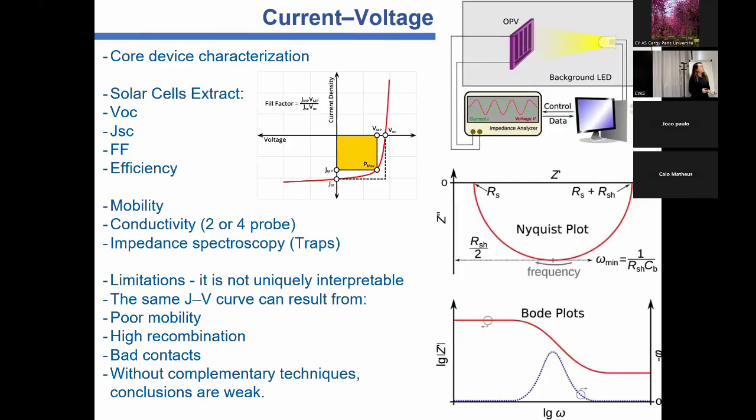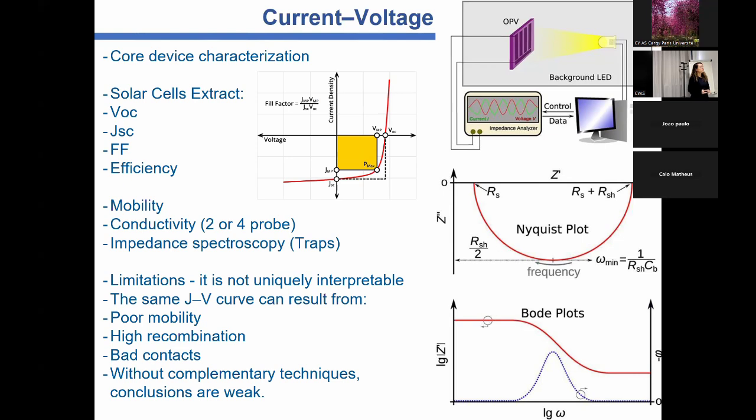So in terms of current voltage, it's the most popular measurement for diodes. So JV curves, these were examples, the application of solar cells. So for solar cells, we measure JV to simulate different resistance in the device.